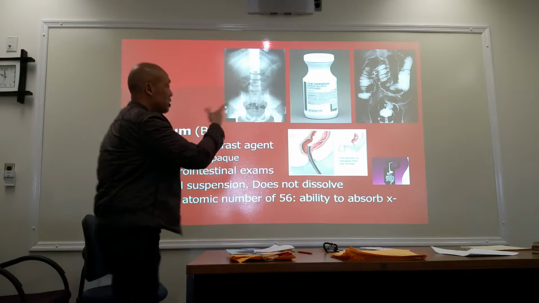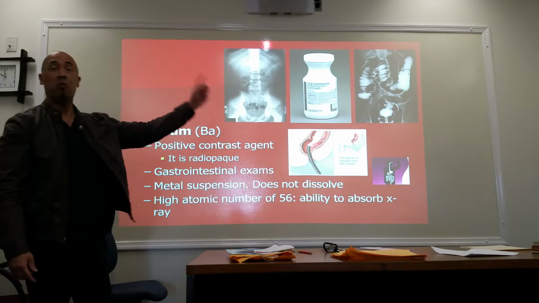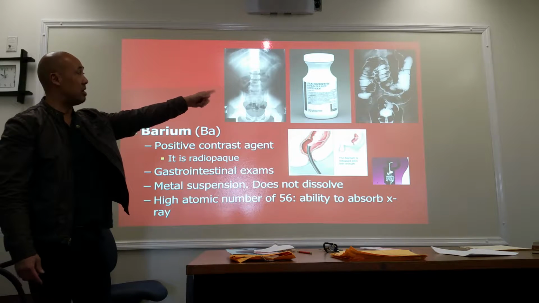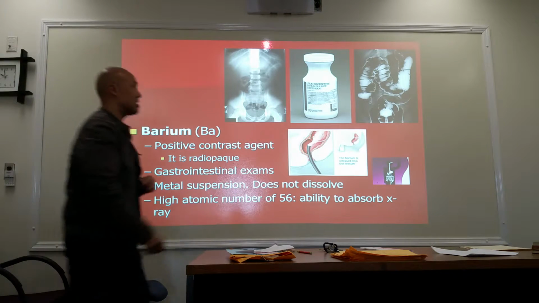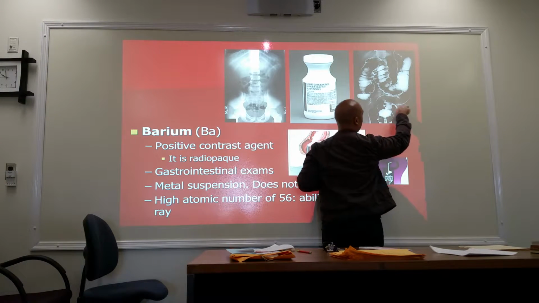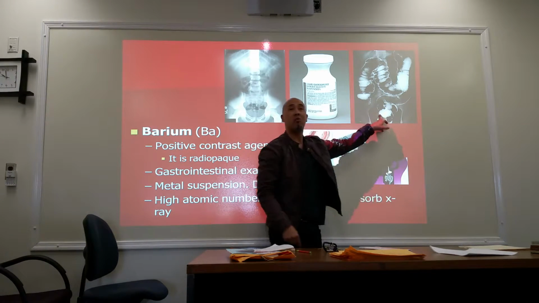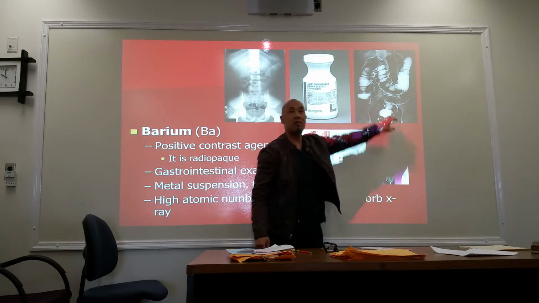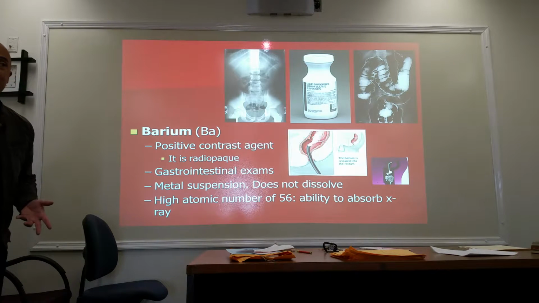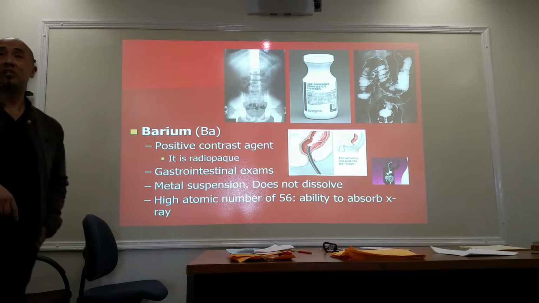Now this is what happens when we introduce a radiopaque substance. What we're looking at here is the outline of the large intestines. You have your ascending, transverse, descending, sigmoid curve, and then you have your rectum right here. Barium is a metallic suspension.